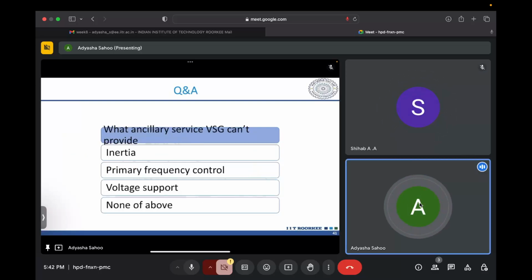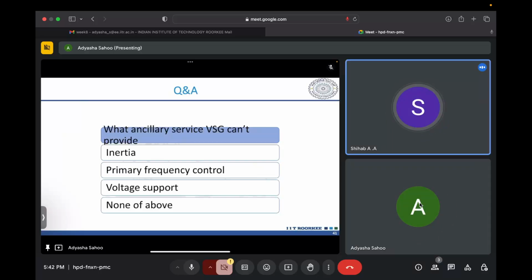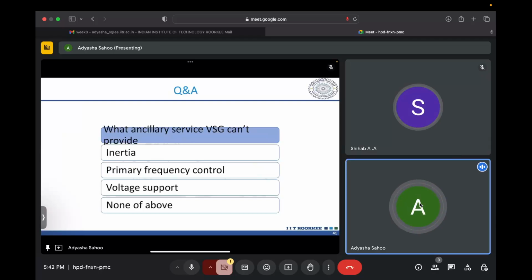So what ancillary service can VSG not provide? Inertia, primary frequency, or voltage, or none of the above. Actually, this virtual synchronous generator, it cannot provide voltage.